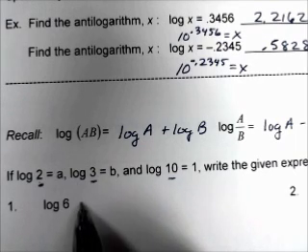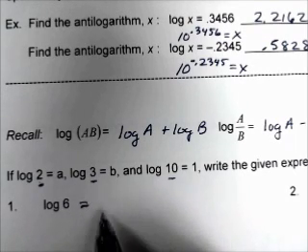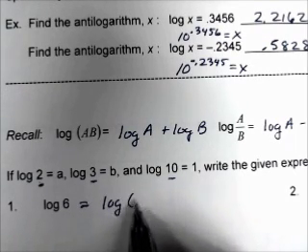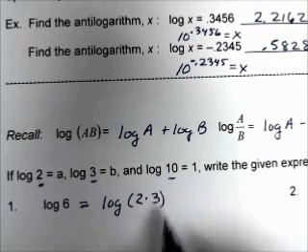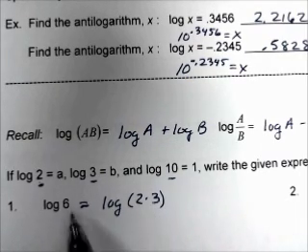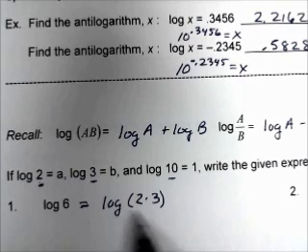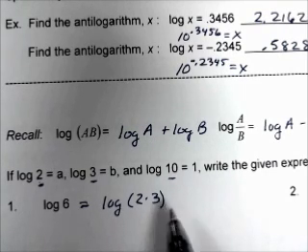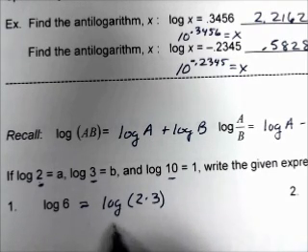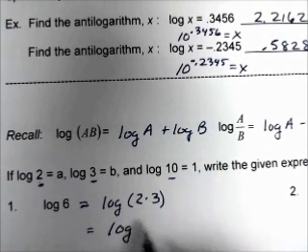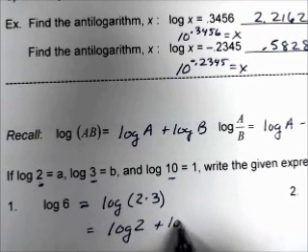So we'll write this log 6 as log of 2 times 3. Everyone agree that 2 times 3 is 6? Okay, so now we'll use our log rules to expand this. Log of a product, multiplication, expands to addition: log 2 plus log 3.